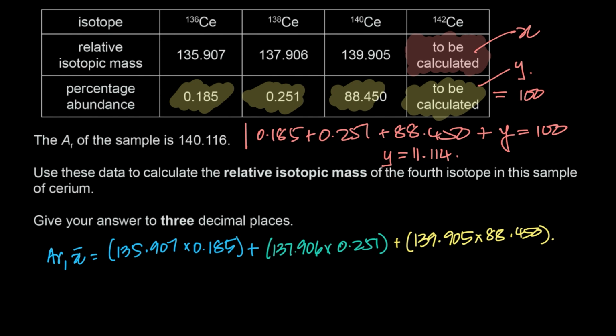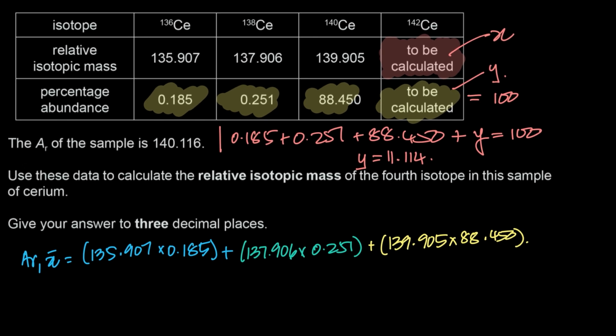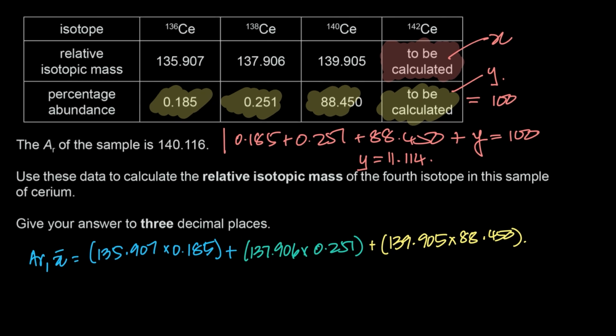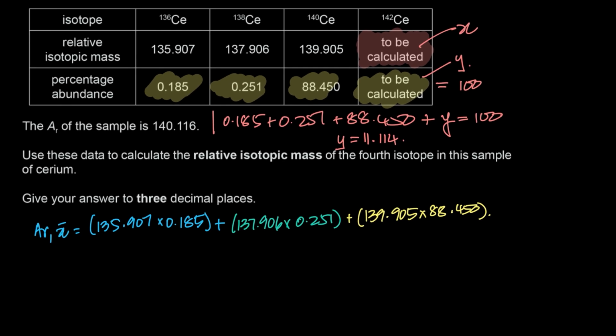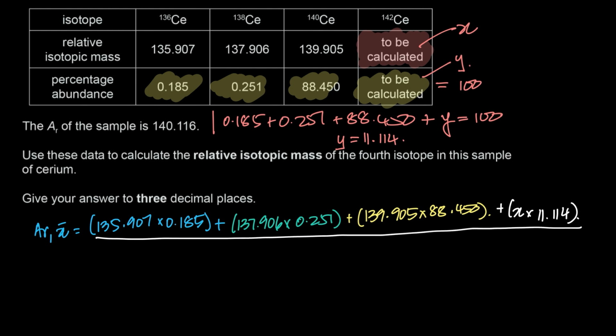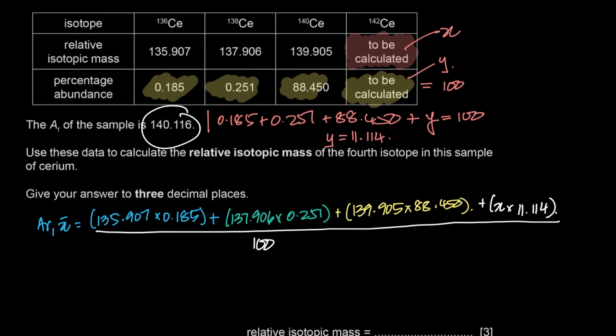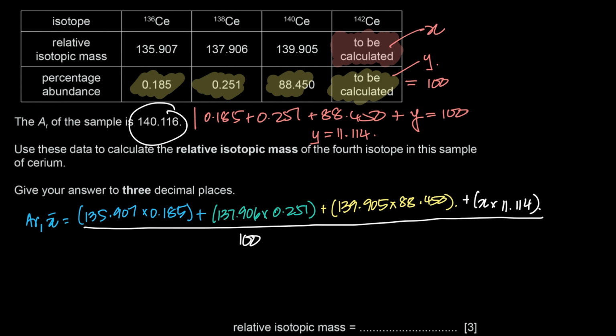So let's just scroll a little bit more, so I get some space, and maybe zoom out a little bit, so I've got some more space. So the fourth, the unknown that I need, that's the x into its abundance, which is 11.114, what we just found, and all of this divided by 100 would equal 140.116.